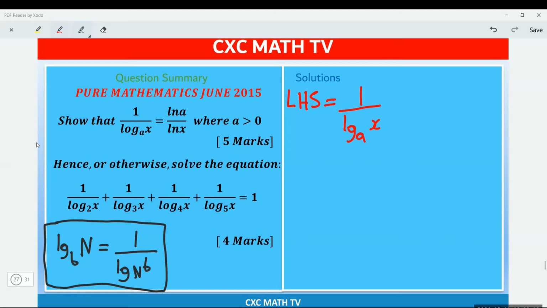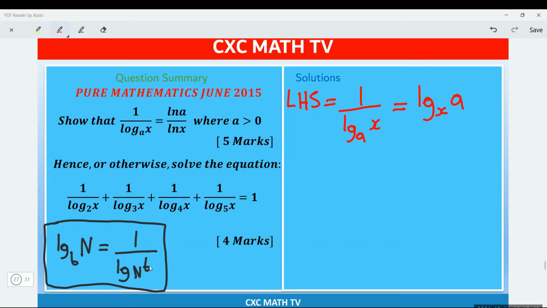Why we need to know that is because we can then rewrite this. Think of your base here as being n. So this is your n, your a is your n, and your b is your x. So we can rewrite this as log base x of the number a.